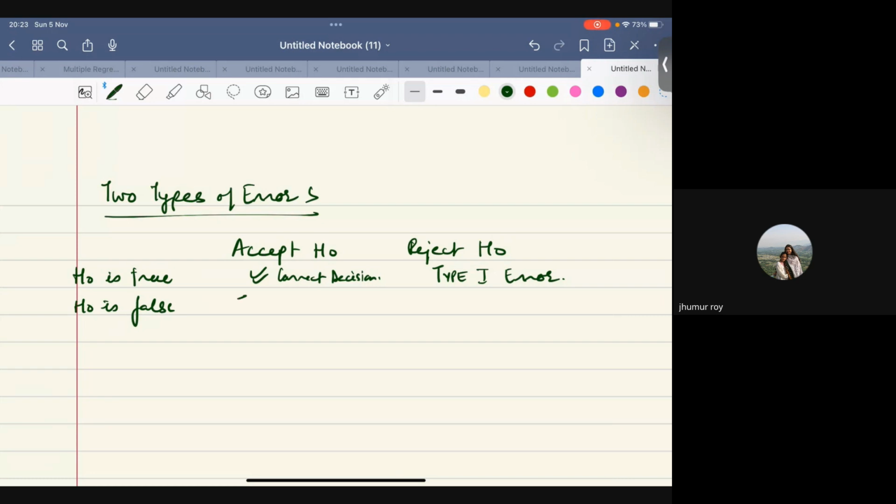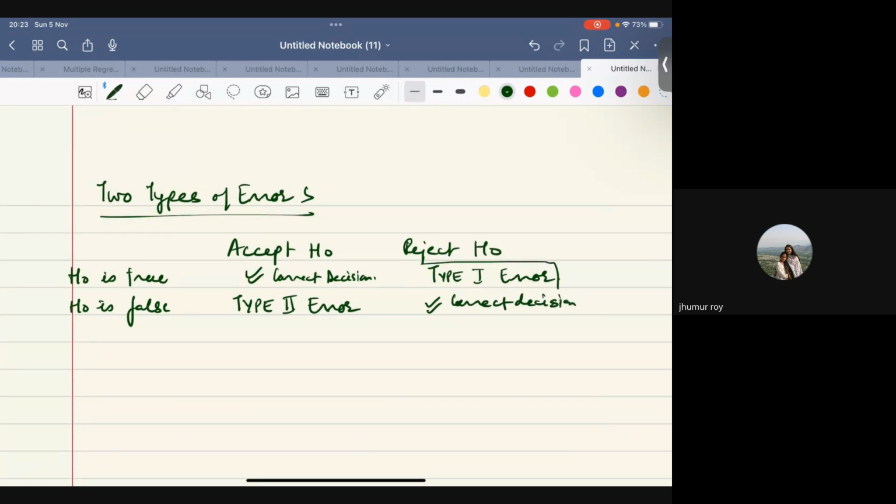Here you have type 2 error. And if the null hypothesis is false and you reject it, then this is again a correct decision.